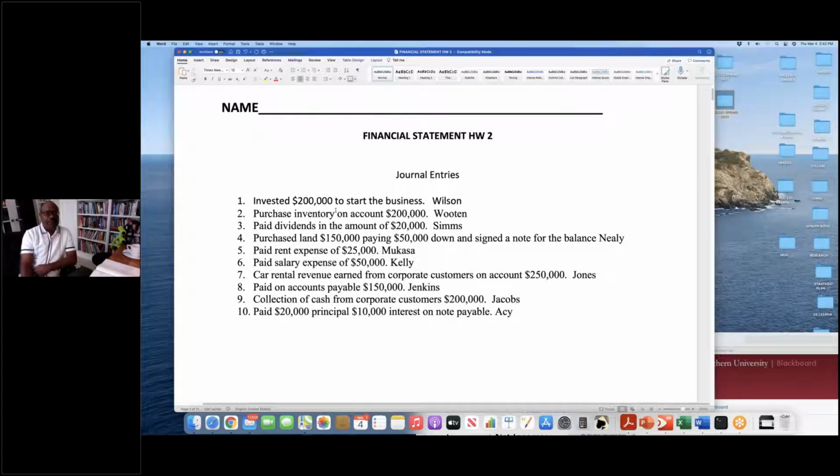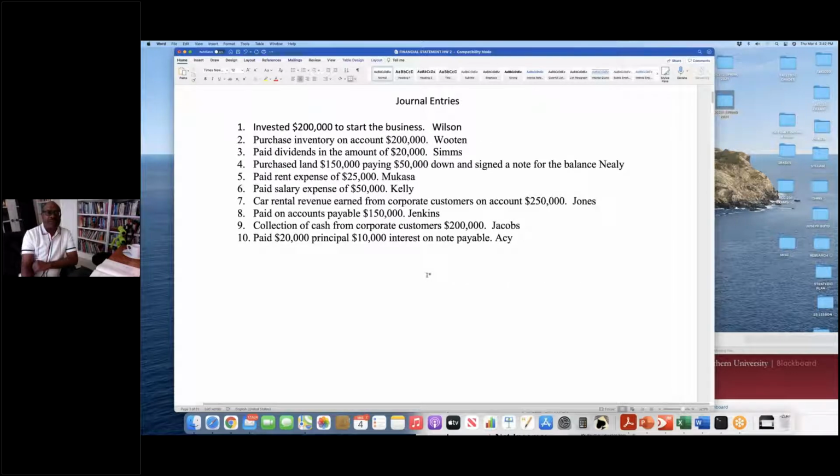Next up is Wooten. Okay, I could do it if she's not here. Okay, go ahead and do it then. All right. So it's purchase inventory, 200.